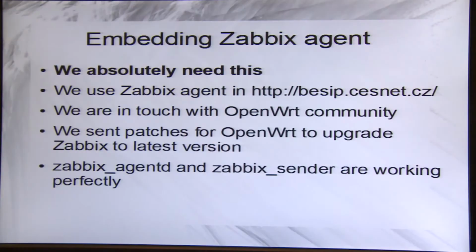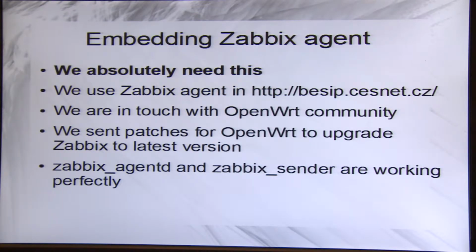Okay, now about the first thing, embedding the Zabbix agent. This is really easy. It was already done, and many devices are able to use the Zabbix agent today. We use it in our BSIP software, which is an image for voice IP telephony, based on OpenWRT.